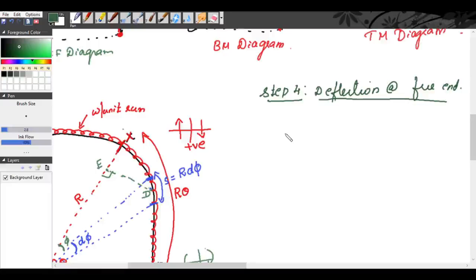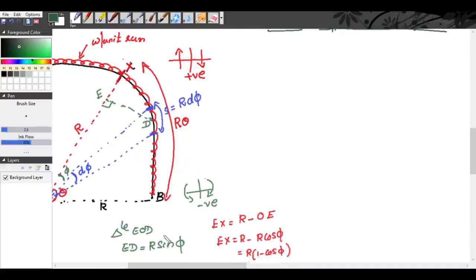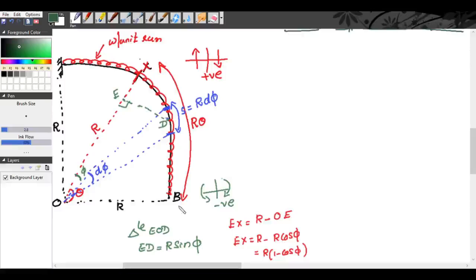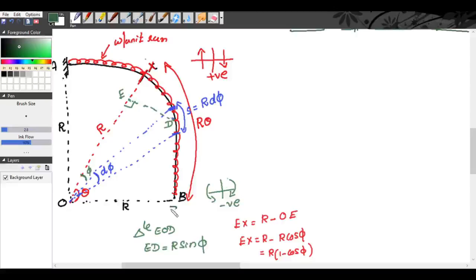When we need to find the deflection at the free end, we assume an imaginary load W at the free end. See, there is no load, but we are going to assume an imaginary load of W at the free end.